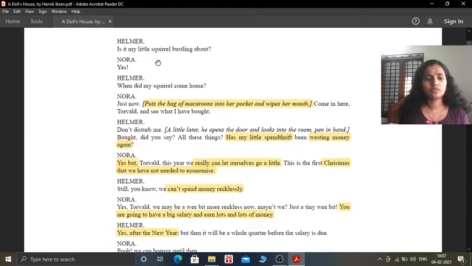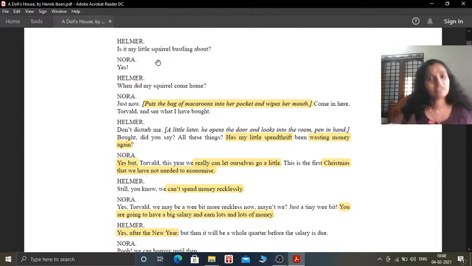Yes, Torvald. See the conversation between Nora and Helmer. Helmer is too worried about spending money, and Nora is not reacting harshly. She's trying to convince her husband.